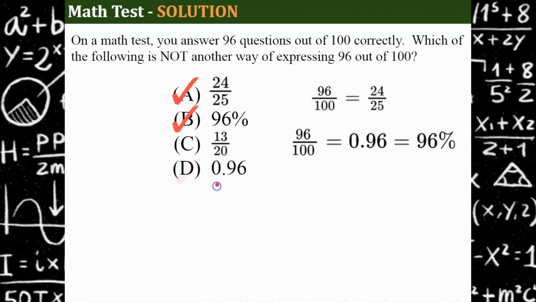So I know B and D are correct, and they asked me not. So it only leaves C. And if I multiply both the numerator and the denominator by 5 to get a denominator of 100, I will not get 96 for my numerator, so I know that that is not equivalent. So my answer here is C.